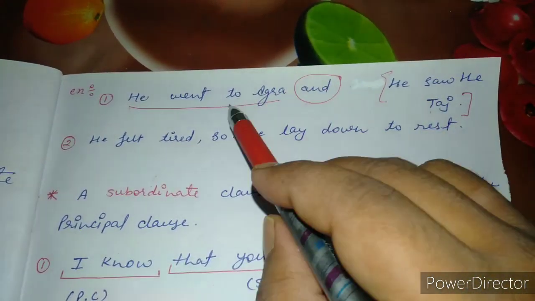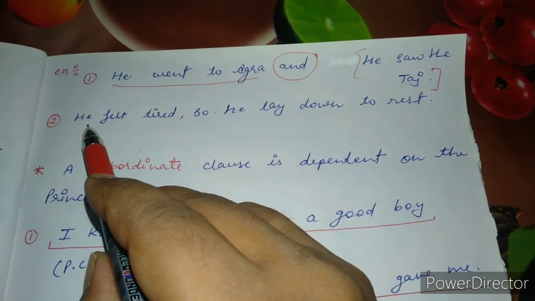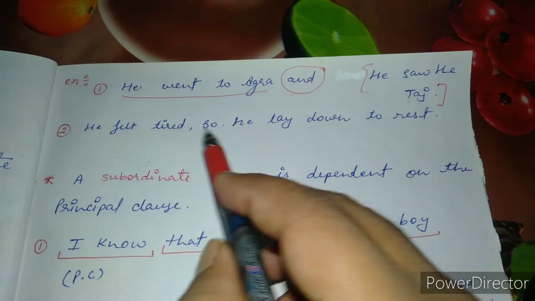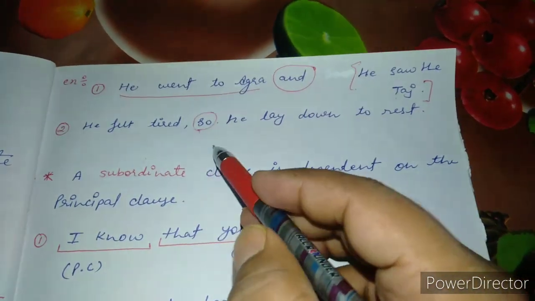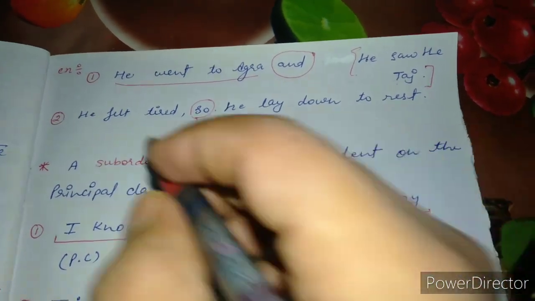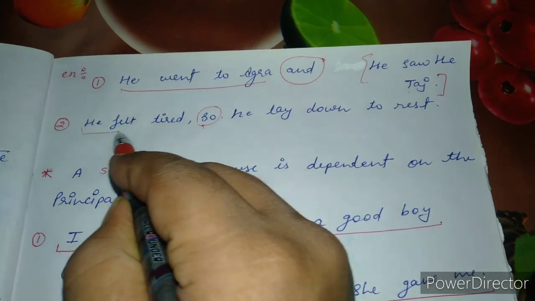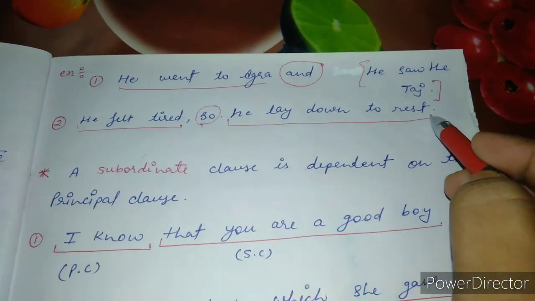Second example, he felt tired, so you can see this is a coordinating conjunction. He felt tired, so he lay down to rest. He felt tired, yes, this is a principal clause, and he lay down to rest, this is a principal clause.